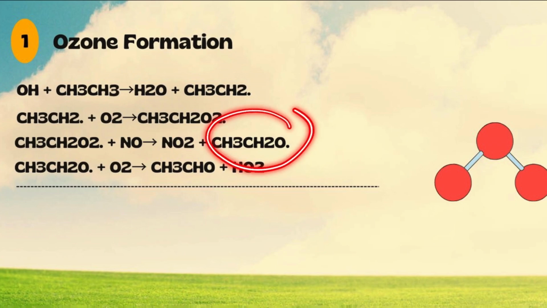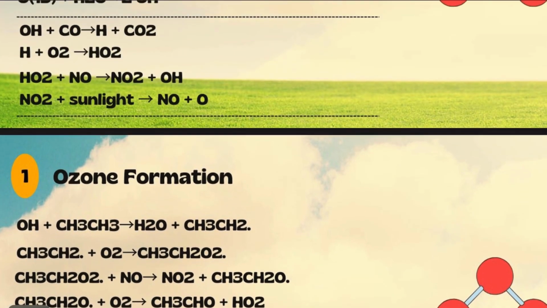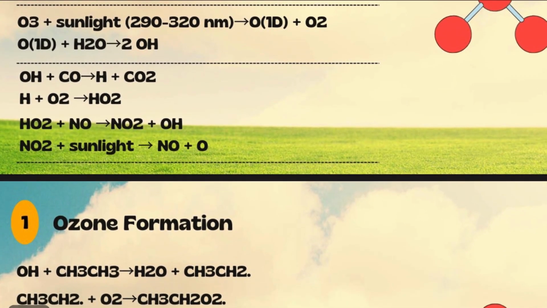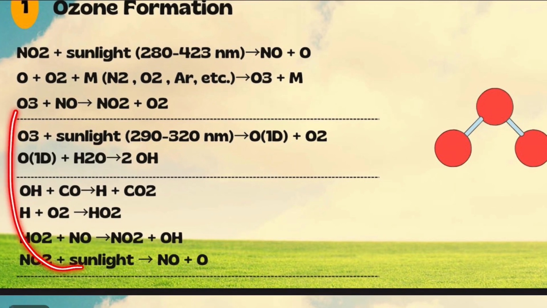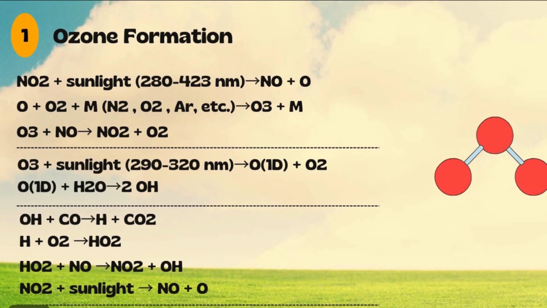Or this ethoxy radical further reacts with oxygen to form a hydroperoxy radical. Now this hydroperoxy radical produces NO2. This NO2 in the presence of sunlight produces nitrogen oxide and oxygen. So again the reaction starts here and again the ozone is produced.